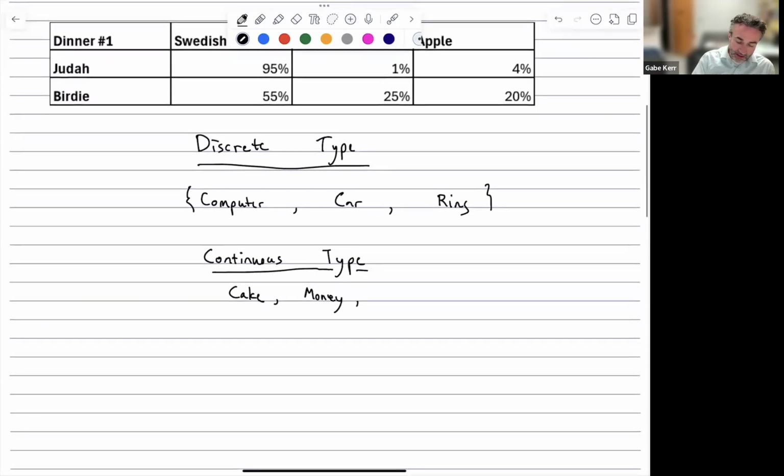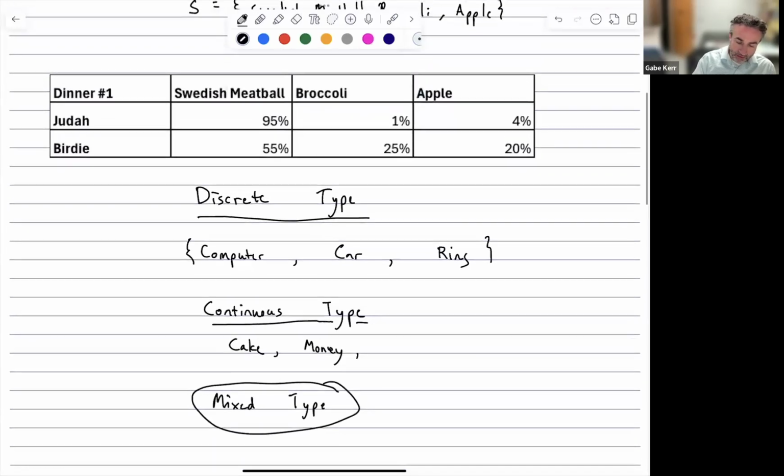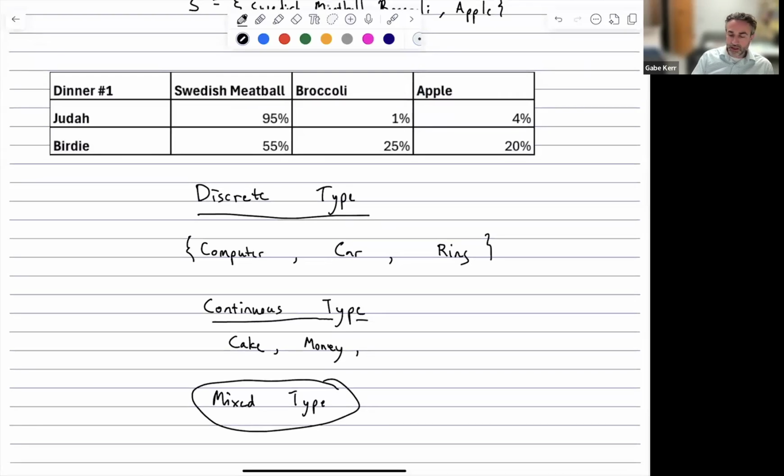Then there's this mixed type. And a mixed type would be, I think, probably the best thing to use in my example, in that I could say, well, I have one piece of broccoli, let's say, but my apple can be cut up, and I have two Swedish meatballs or something like that.